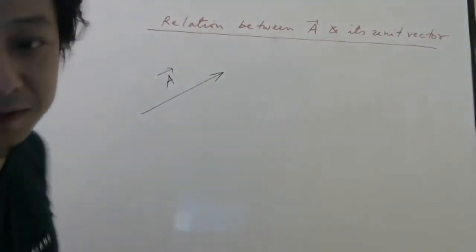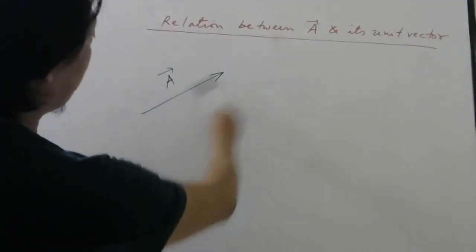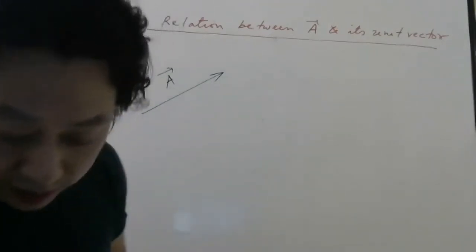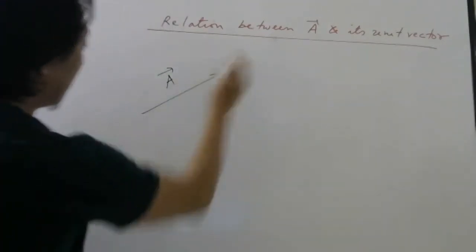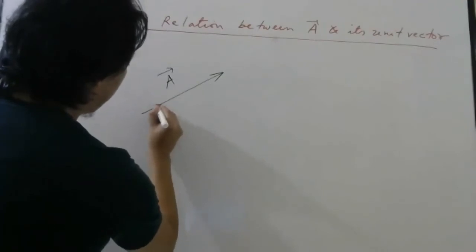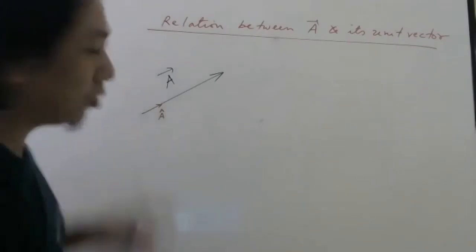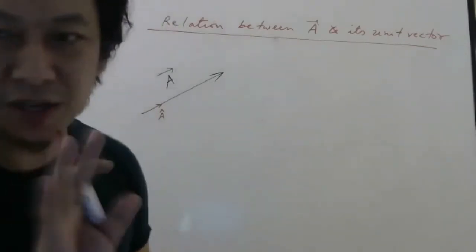Okay, so look here now. Suppose this is a vector A bar. Now, in this direction, there is a unit vector, A cap. You can write any other letter also, not necessarily A only.